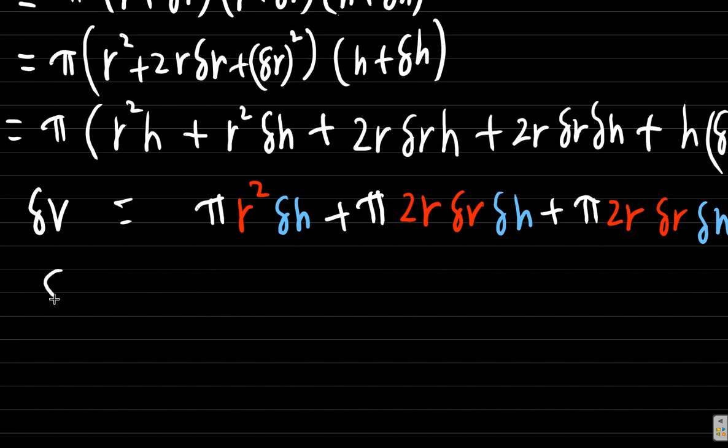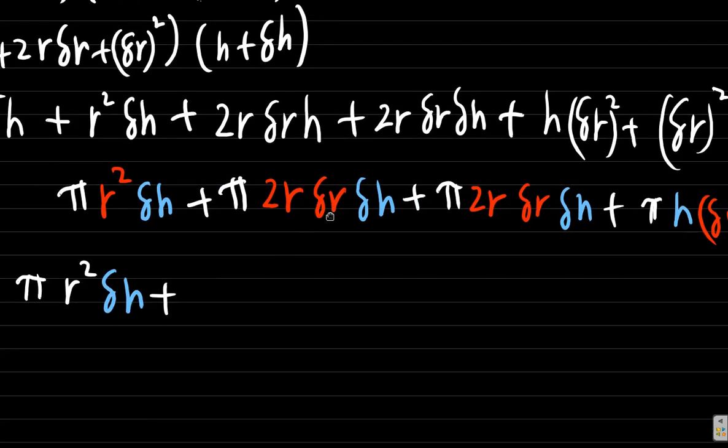What I mean is this: you have a small change in volume is equal to pi r squared by small change in h. Let's keep that. That's pi r squared, that times a small change in height, good, plus, all right, here you see this small change in r multiplied by small change in height.